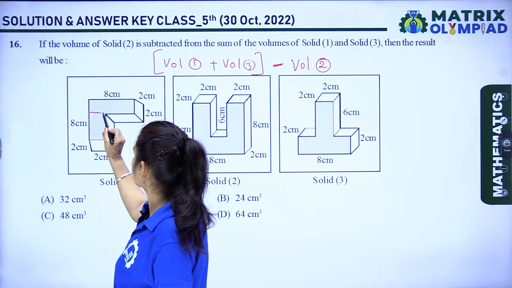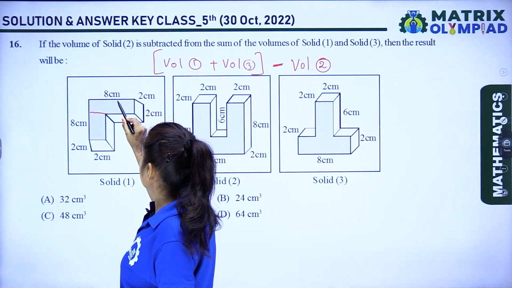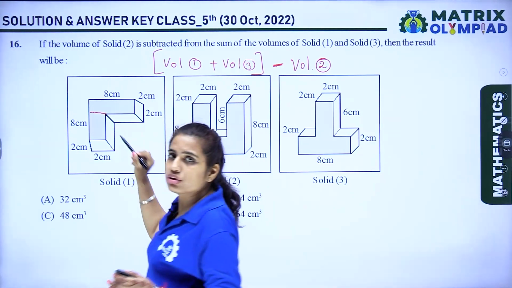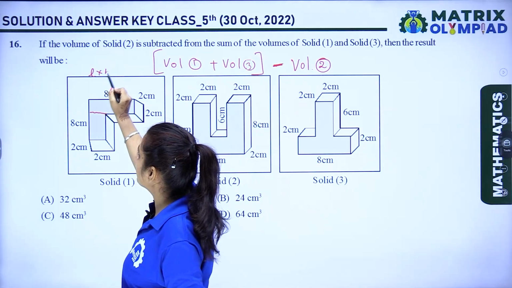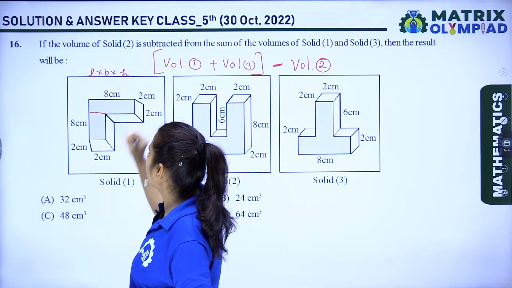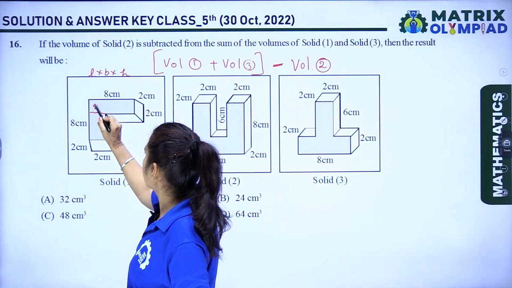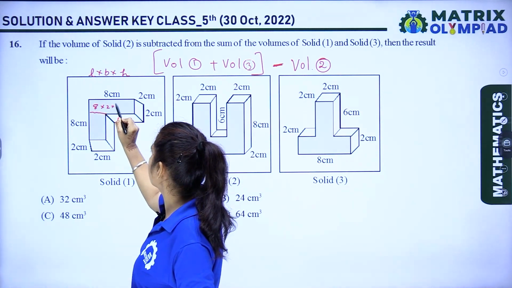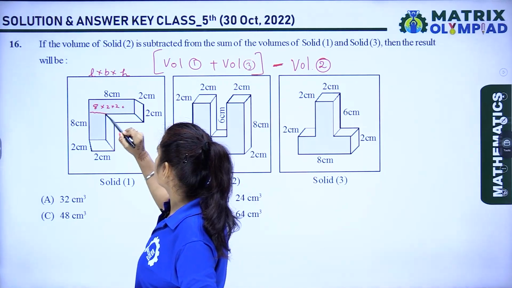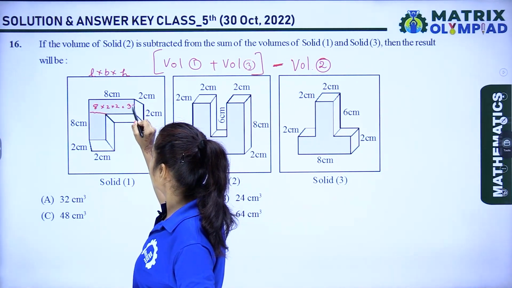Let's do the partition here. It's a cuboid. Now the volume of a cuboid is length multiplied by breadth multiplied by height. So here it is 8 multiplied by 2 multiplied by 2. 16 multiplied by 2 is 32.